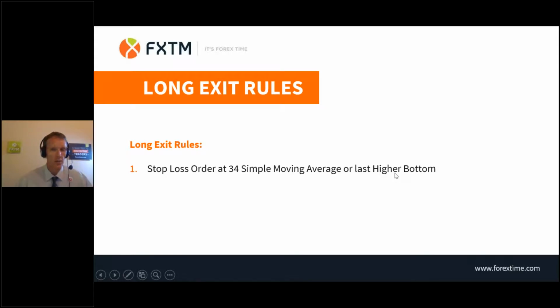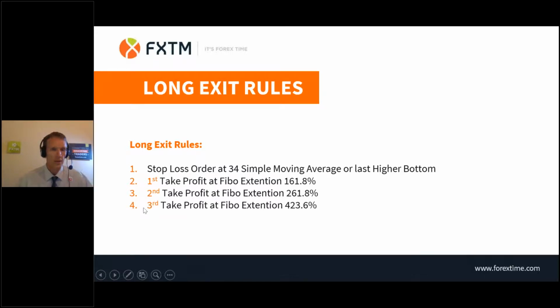Then I choose the higher bottom. It's just a guideline to help you, right? And like I explained, we use the 161.8. That's where we take first profit, right? The second profit we take at the second Fibonacci, and the third profit we take at the Fibonacci extension, the 423.6, right?